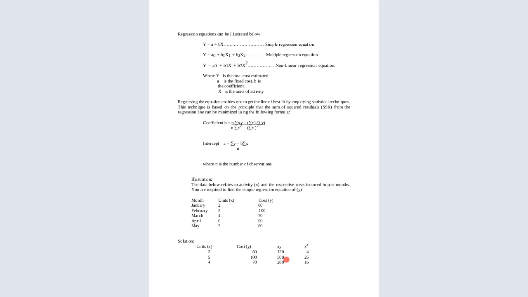B is n sum of xy minus sum of x times sum of y, over n sum of x squared minus sum of x, all squared. Our A, which is our intercept, is sum of y minus b sum of x over n. Here n is the number of observations.